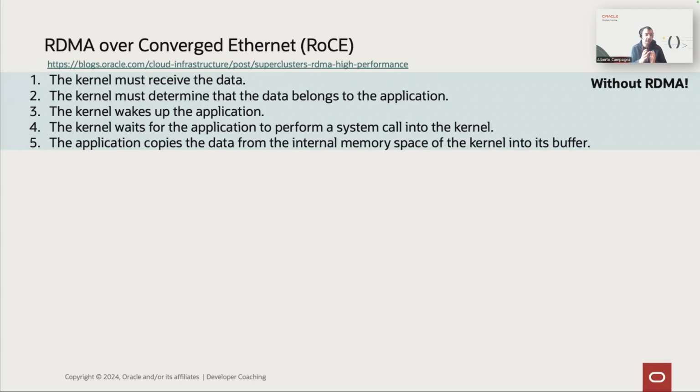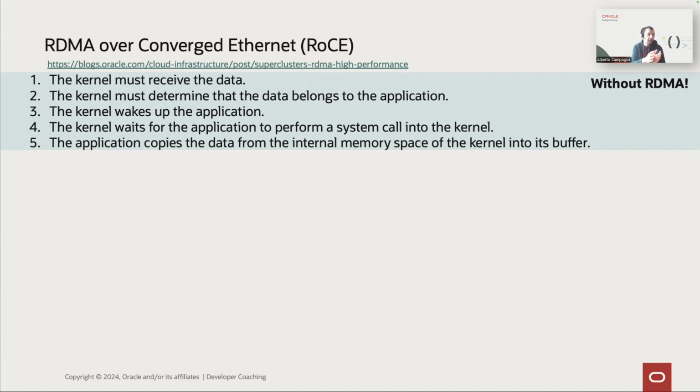But to understand this, let's look at an interaction between two nodes that want to exchange packets in a network without RDMA. In this exchange, the sender is sending some packets and the receiver wants to receive the packets. The receiver kernel must receive this data.